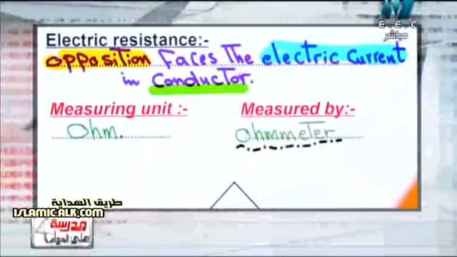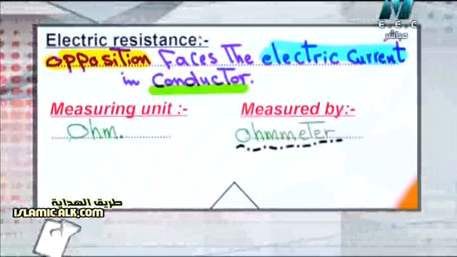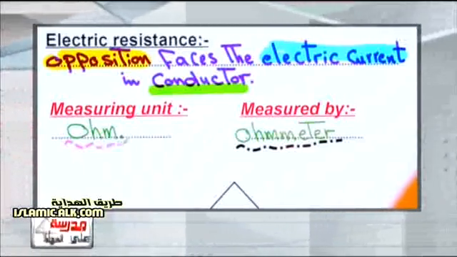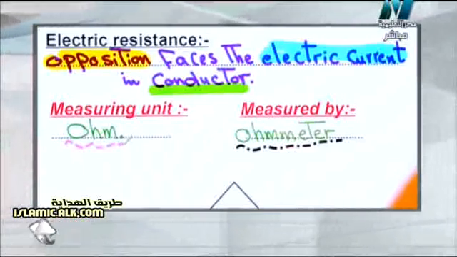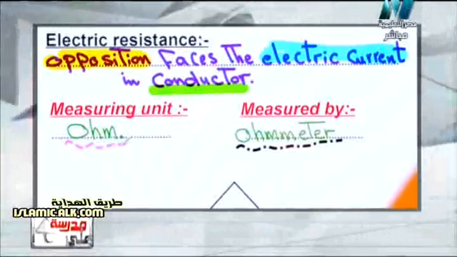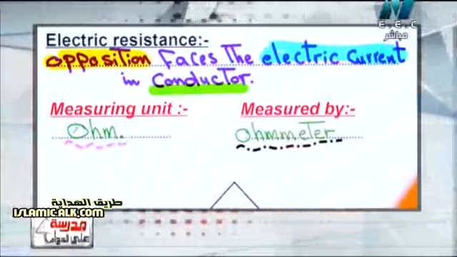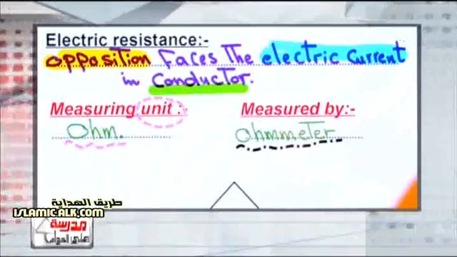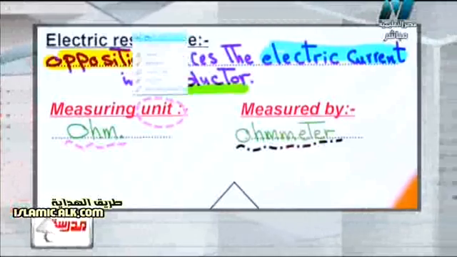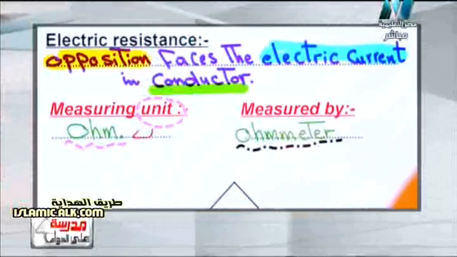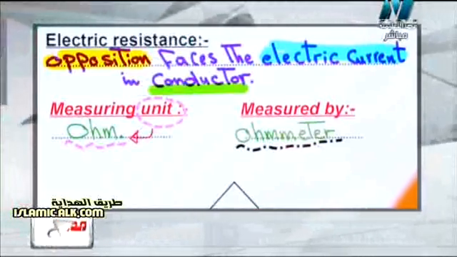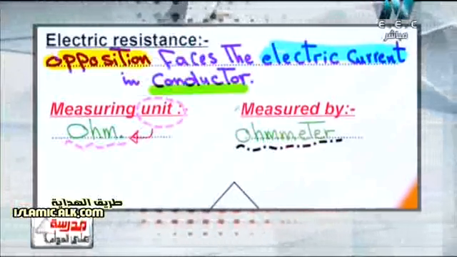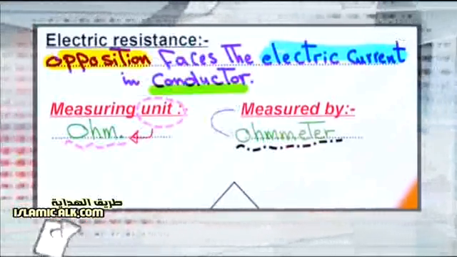But here we talk about the measuring unit put beside the number of the physical quantity related to electric resistance. So number one, the measuring unit is called ohm, as you see. And number two, the measured by, we talk about the device, الجهاز. This device is called the ohm meter.